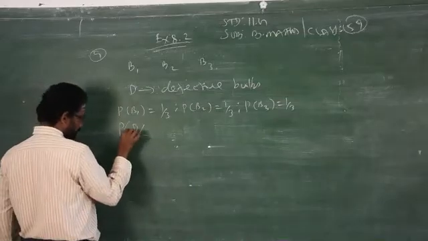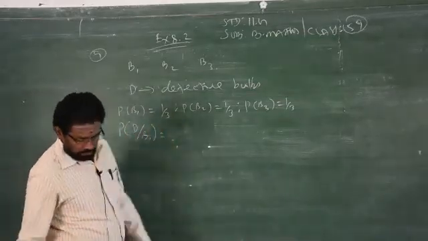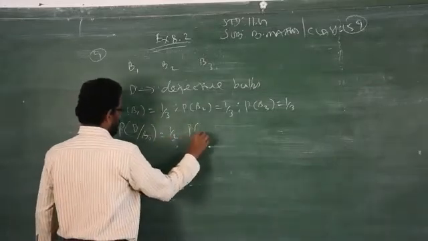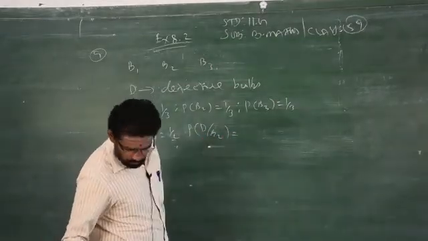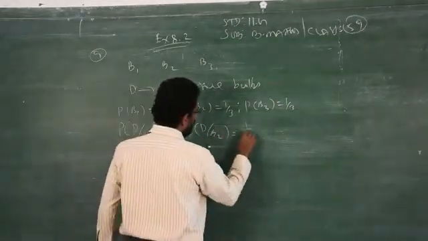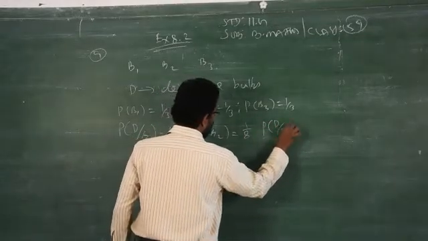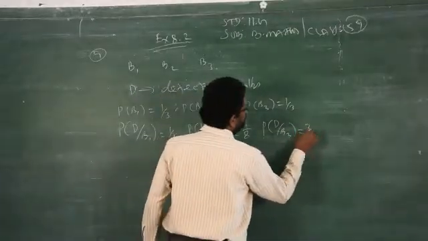Next, defective from box 1. How much is given? The defective from box 1 is 1 by 2. Defective from box 2 is 1 by 8. Defective from box 3 is given as 3 by 4.